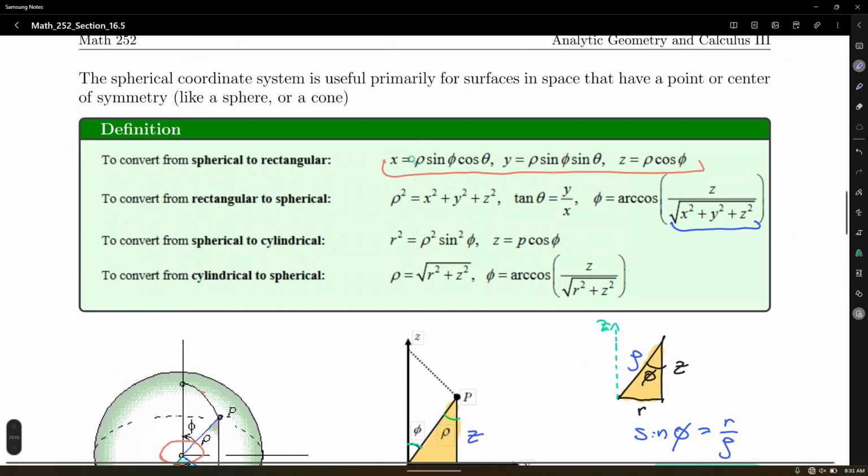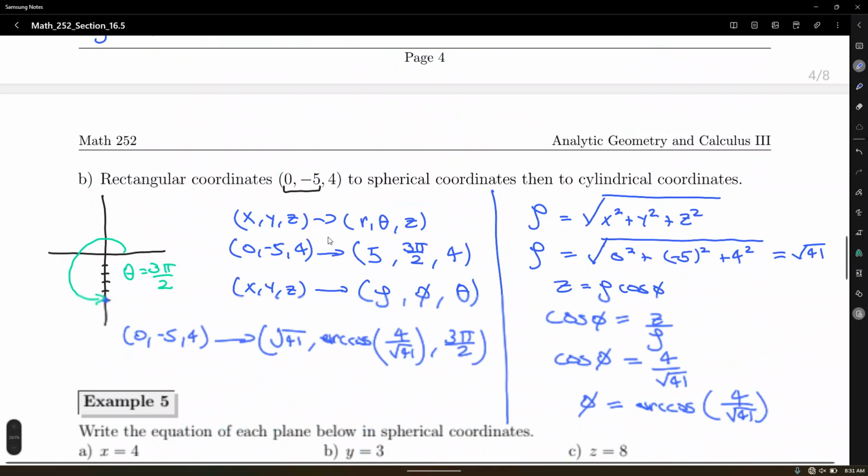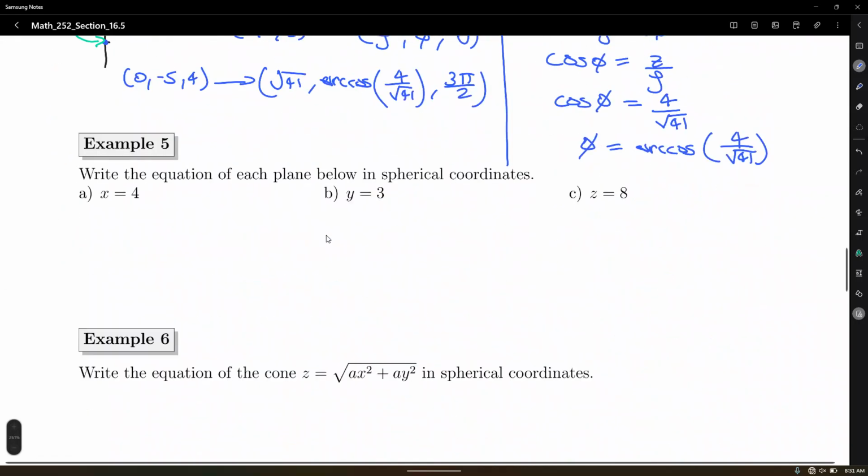Replace x with the quantity rho sine phi cosine theta, so rho sine phi cosine theta equals 4. And solve for the variable rho in this case. That is, divide both sides by sine phi cosine theta. Rho equals 4 over sine phi cosine theta.